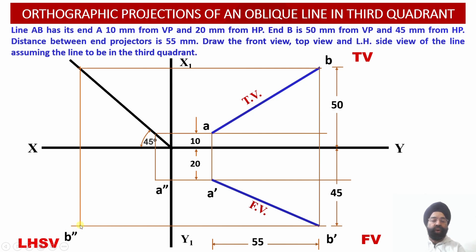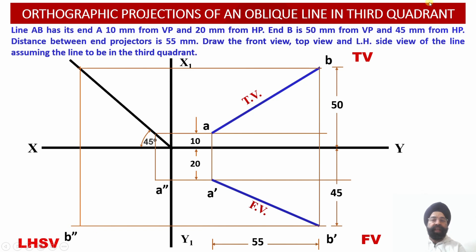Now we can check the coordinate locations of B double dash. Point B double dash is obtained in such a way that it lies 45 millimeter below the horizontal plane and 50 millimeter behind the vertical plane.